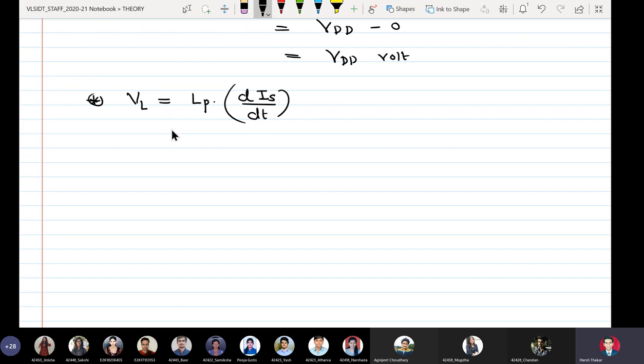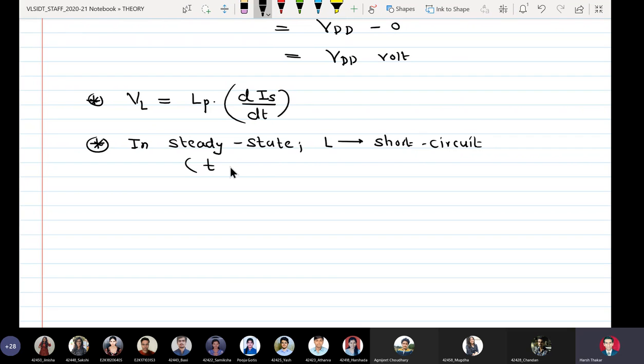Okay, in steady state condition, L acts as short. Steady state means actually t tends to infinity.